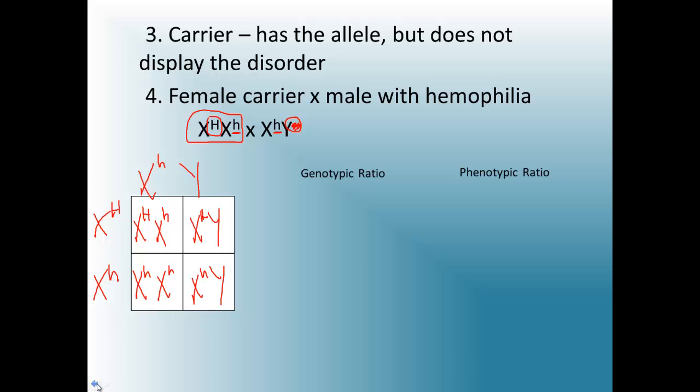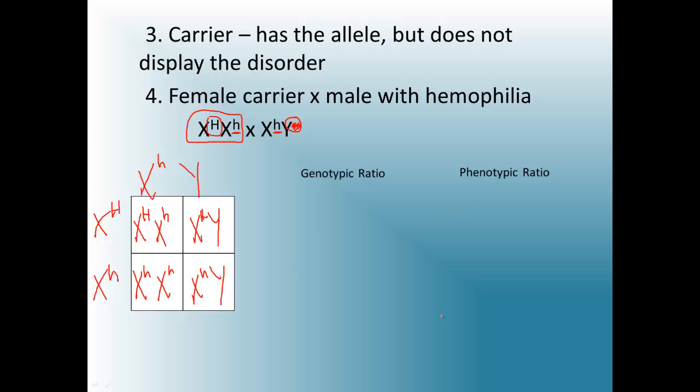I could do this entire thing without the alleles for hemophilia on there and just show that I've got a 50% chance for a female, 50% chance for the male. So I have to have those things on there. Also, when it comes to our genotypic ratio, it's a lot more writing, because look, this is different than this, and this is different than this, and this is different than this.